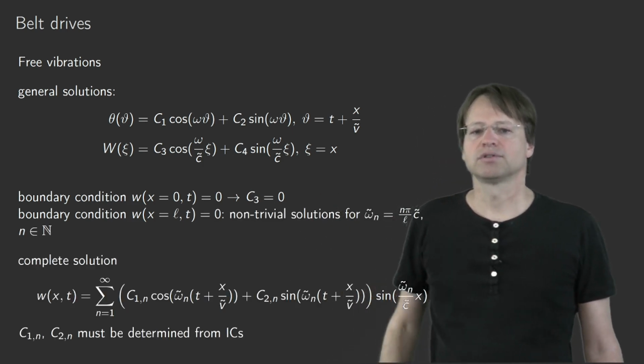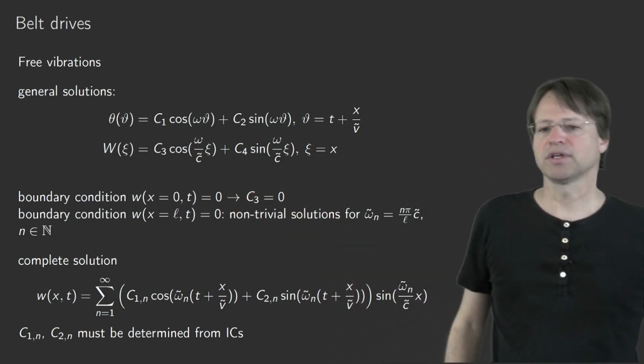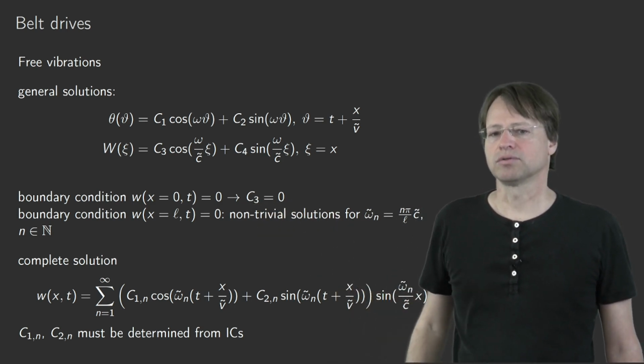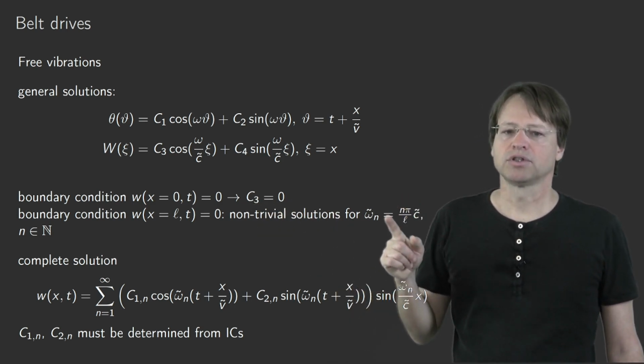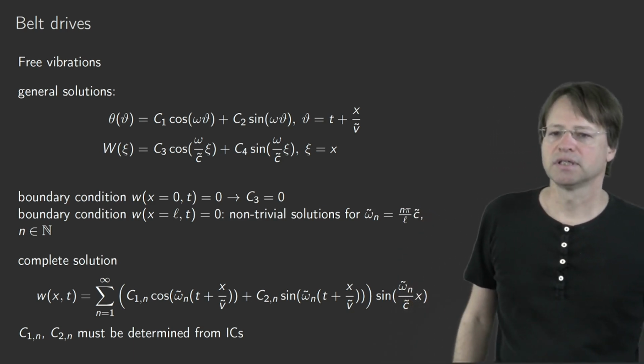Now, non-trivial solutions are obtained if we apply the free vibration boundary condition, so the no displacement boundary condition also to the right-hand side, by a condition omega n tilde equal to n pi over l times c tilde.